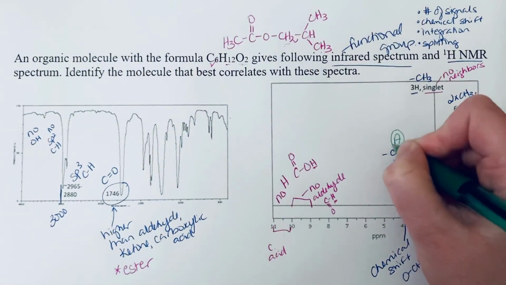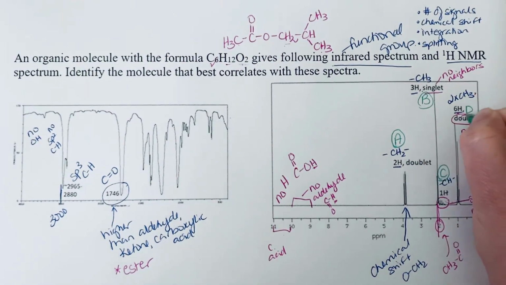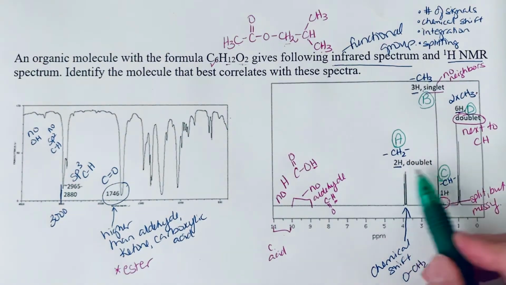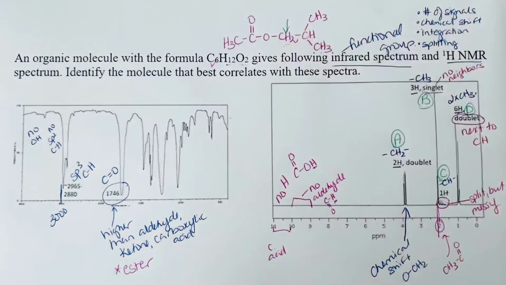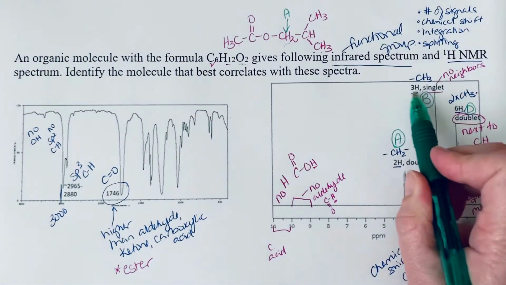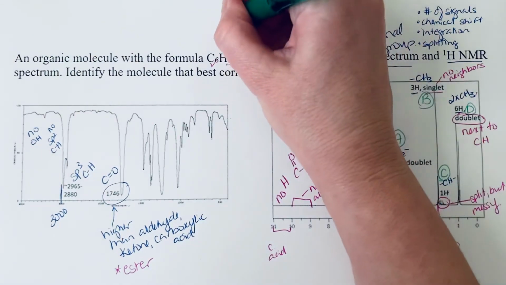So let's label these signals. I'm going to call these A, B, C, and D. And that's really clearly indicate where these are on the molecule. So the 2 hydrogen doublet is these protons here. So we'll call those A. And this 3 hydrogen singlet at around 2 to 2.1 is by that carbonyl.